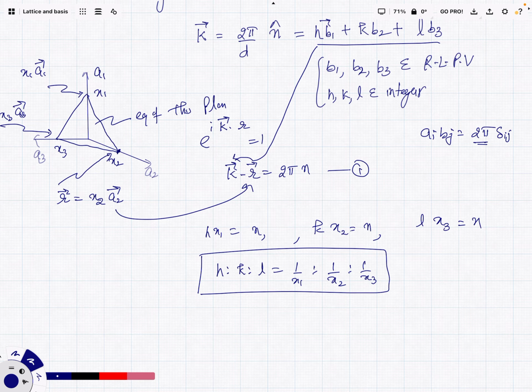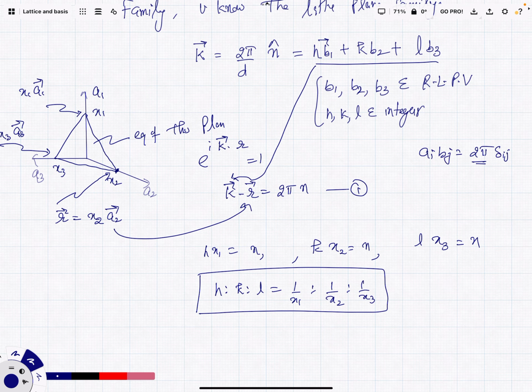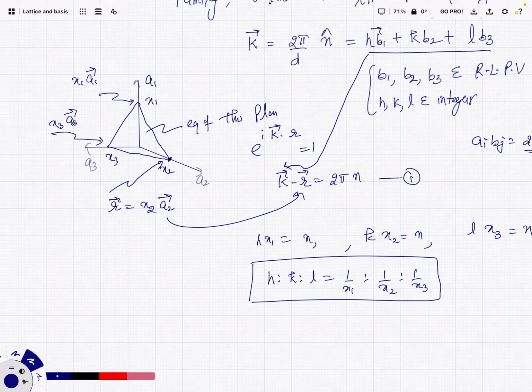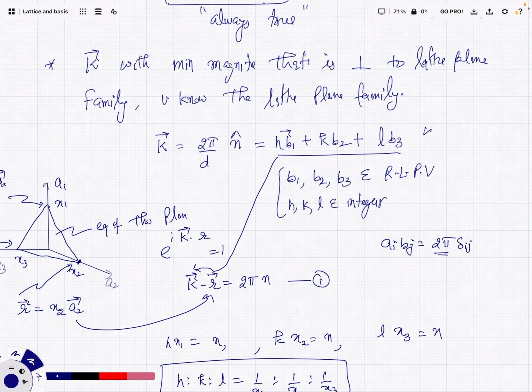Now the condition is: to know the HKL of this reciprocal lattice vector, you need to know the plane. Take one plane and see where it intersects the axes, and take those HKL which don't have any common minimum factor.